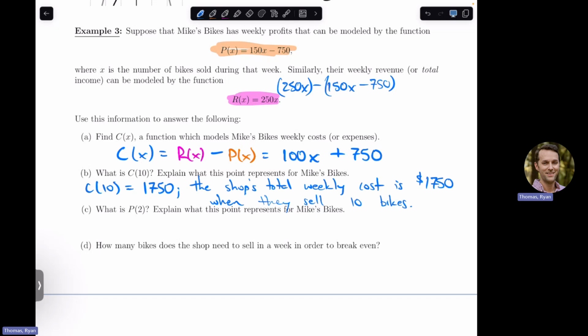What does that function, P of 2. There's P of x, plug in 2. What do you get? Negative 400. Negative 450, sorry.